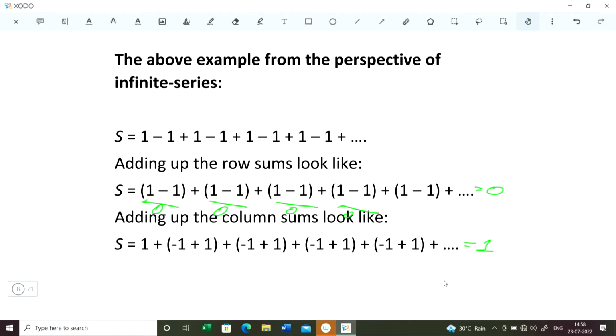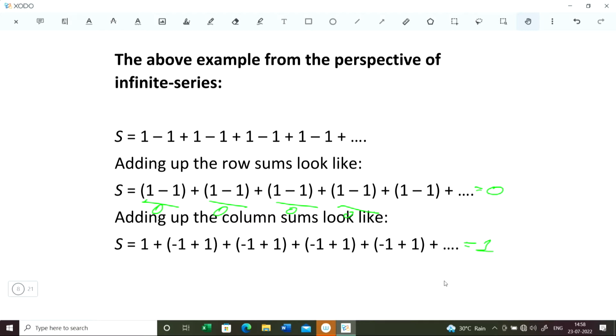The thing is that the list goes on. If you find a last number, if you find a -1, this series makes sure that there is a 1 following that and there is a -1 following that. The list is continuing. Then how can we say that 1 plus bracket of -1 plus 1 and so on gives 1?